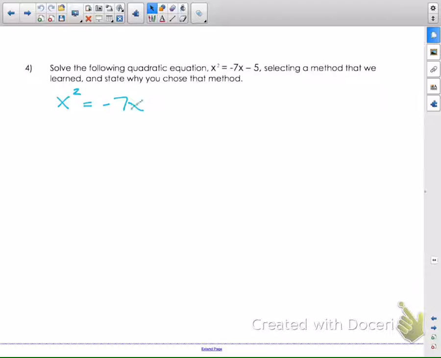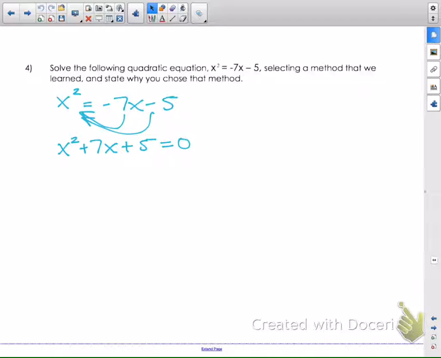If I start with number 4 looking like this, no matter whether I'm factoring or using quadratic formula, what do I have to do before I can do either one? Move everything to one side. So that first step, no matter whether you choose factoring or quadratic formula, you still move everything to one side. I would probably move everything to the left in this one by adding it. So it's going to look like x squared plus 7x plus 5 equals 0.